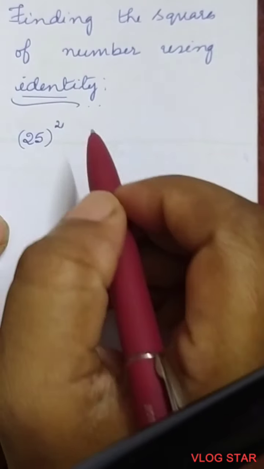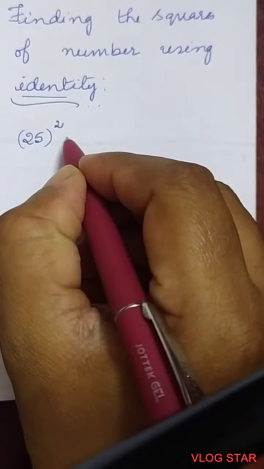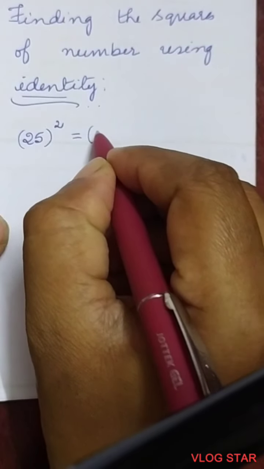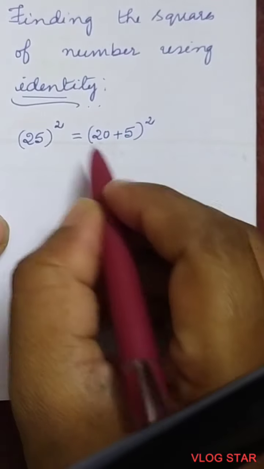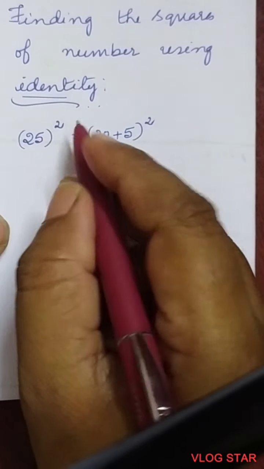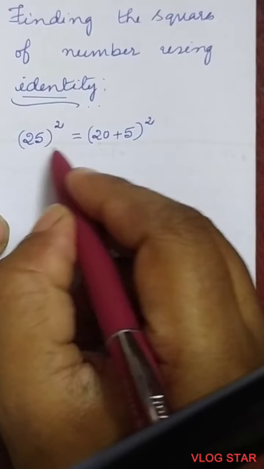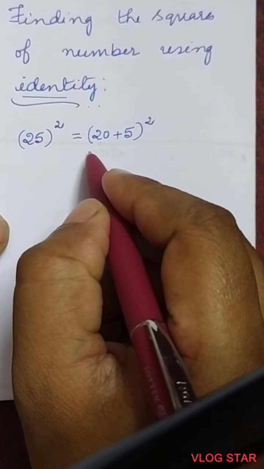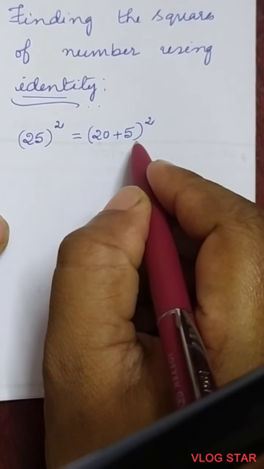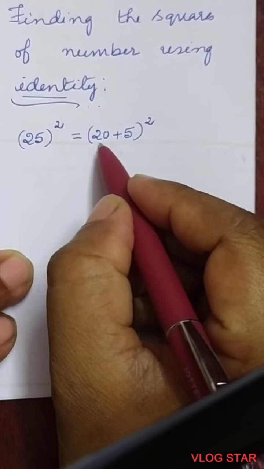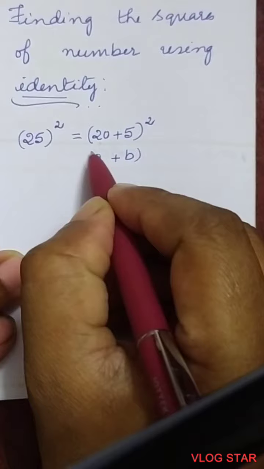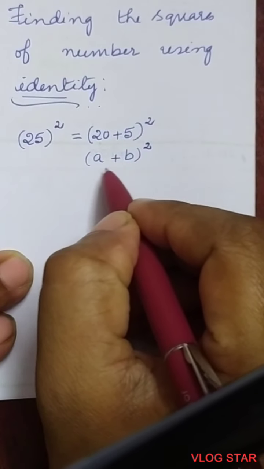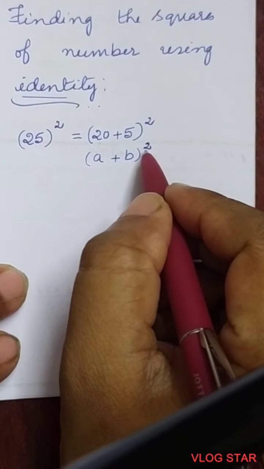First you must know this number we can write as 20 plus 5 whole square. So you have to divide this number into two different numbers like 20 and 5. Now this we will call A and this we will call B. So this is becoming A plus B the whole square.